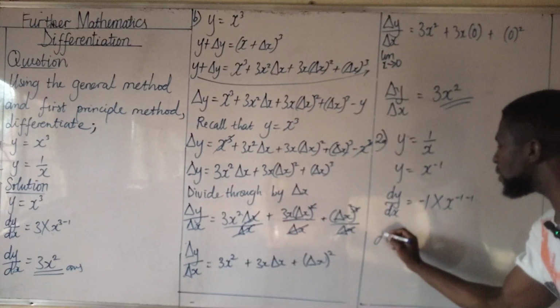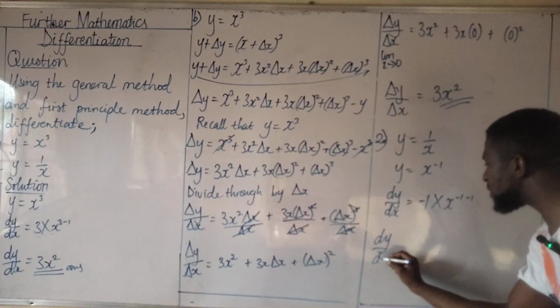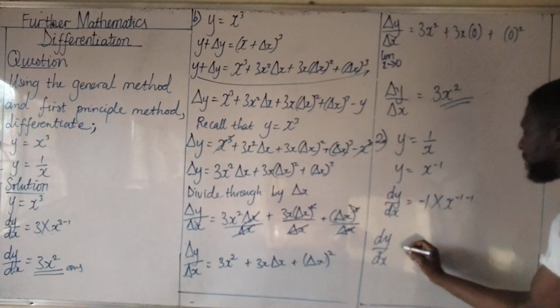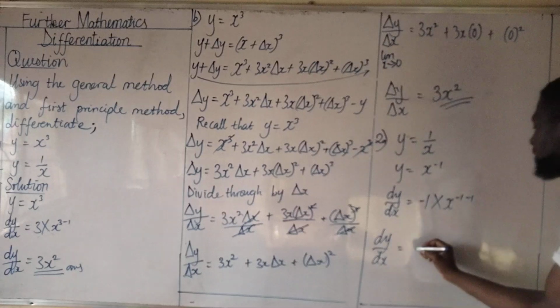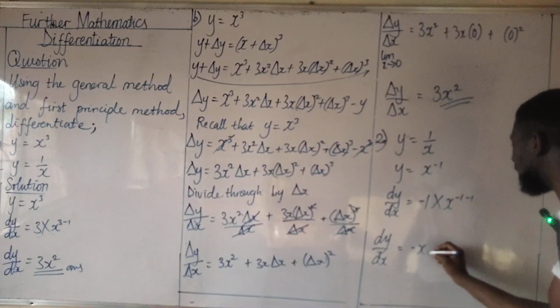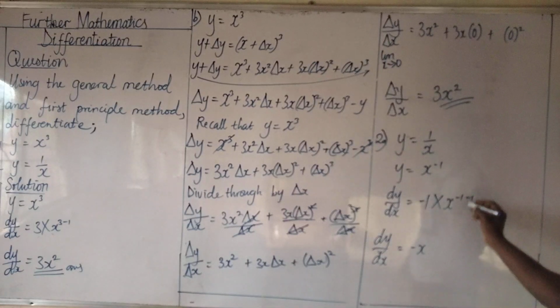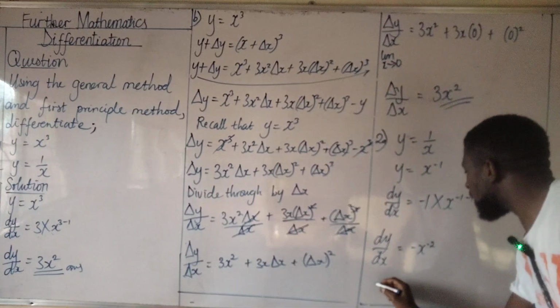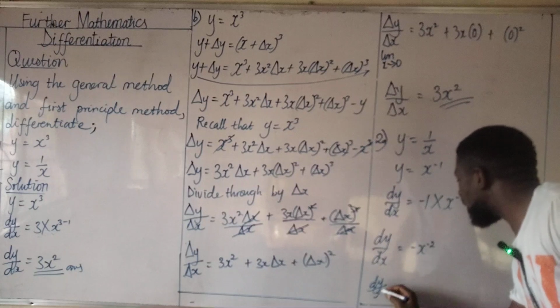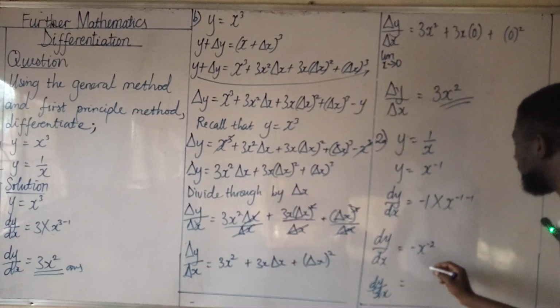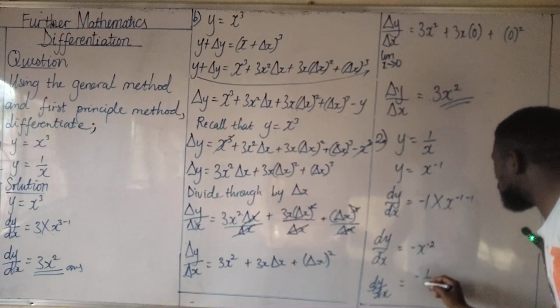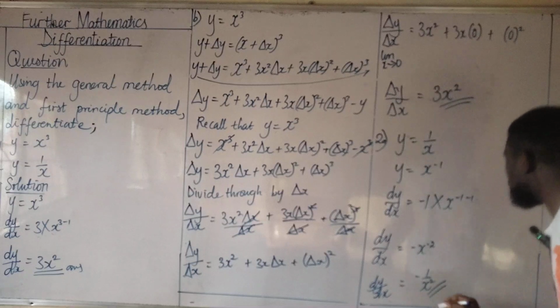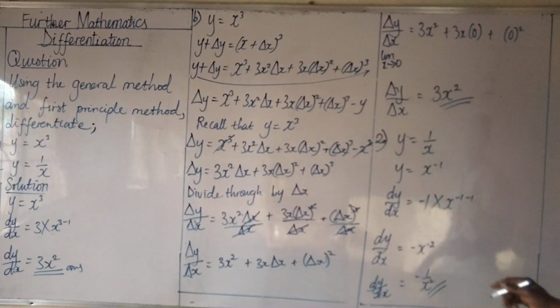So our dy over dx will be negative 1 times x, which gives us negative x raised to power negative 2. So at the end, our dy over dx will be negative 1 over x raised to power 2. So our answer is negative 1 over x raised to power 2.